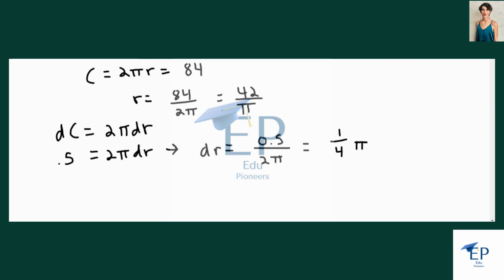All right, now if we use the equation for the surface area of a sphere, we know that's S equals 4 pi r squared.